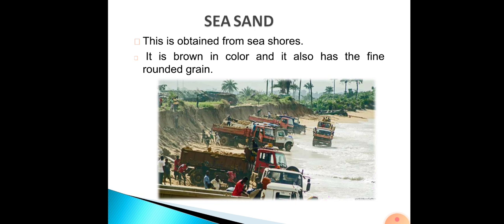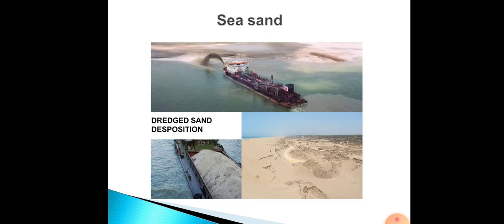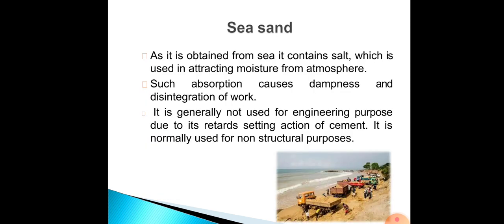Normally it is brown in color, and this also has fine rounded grains. Now we know that sea water is salty, isn't it? So the sand that is obtained from the sea will contain salt, and whenever salt is present in sand, it will try to absorb moisture from the atmosphere.